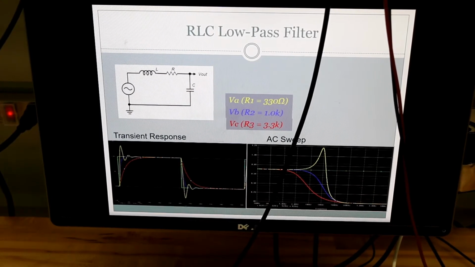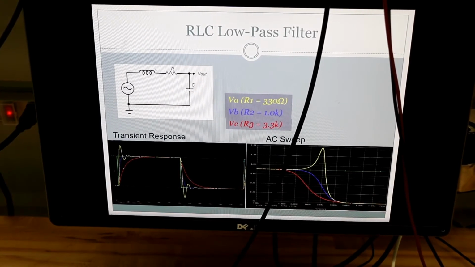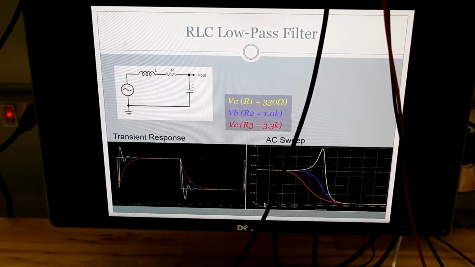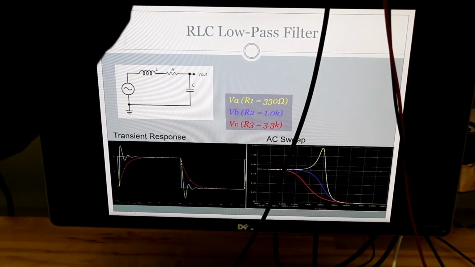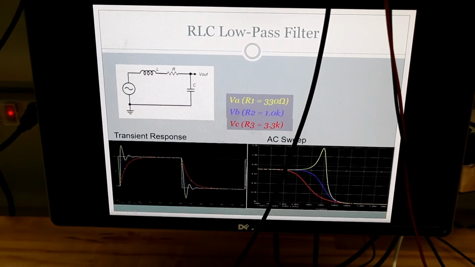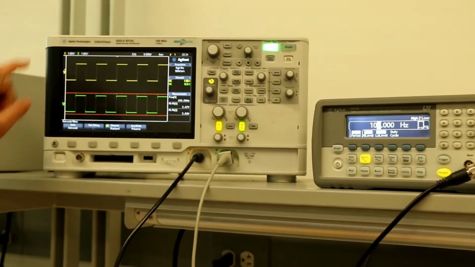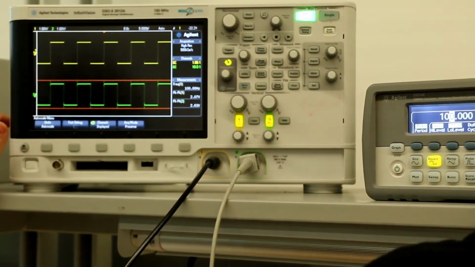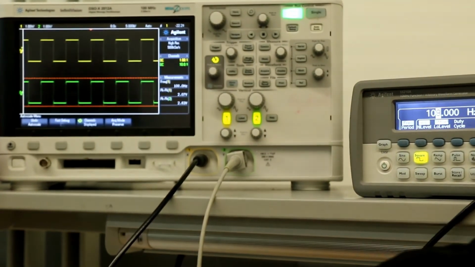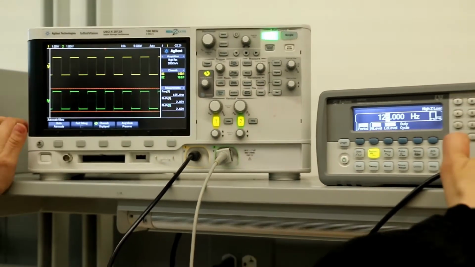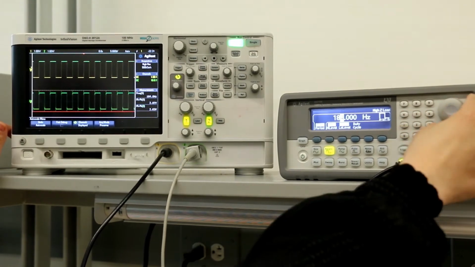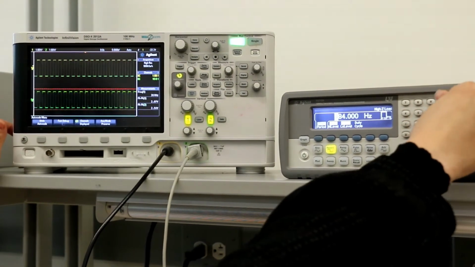So to measure the frequency response of this circuit, I'll start at 100 hertz, and we'll notice the peak to peak output voltage. What happens to the output voltage? Let's go faster.